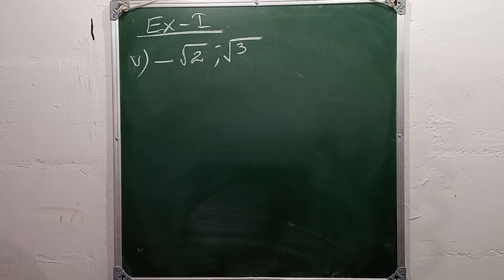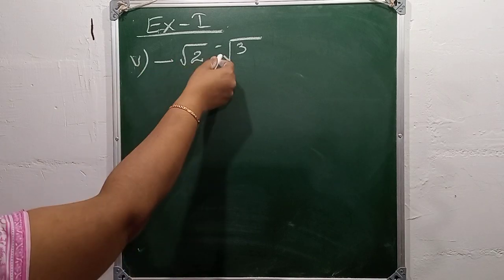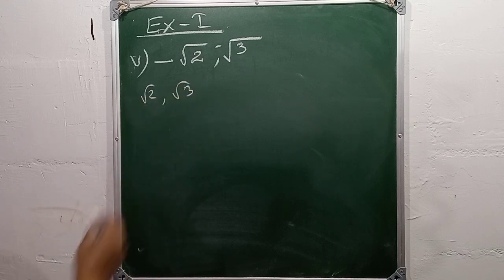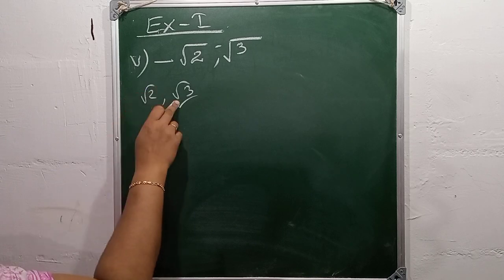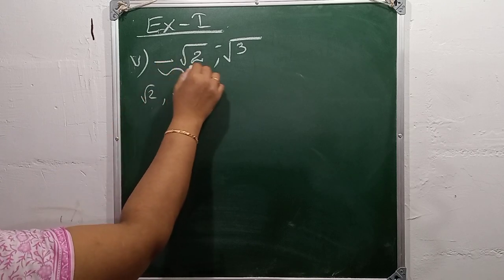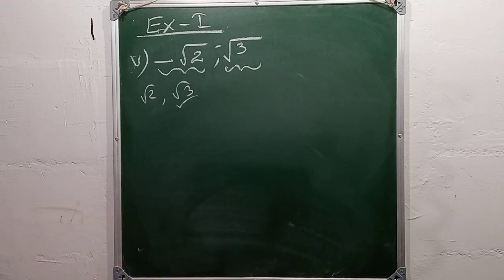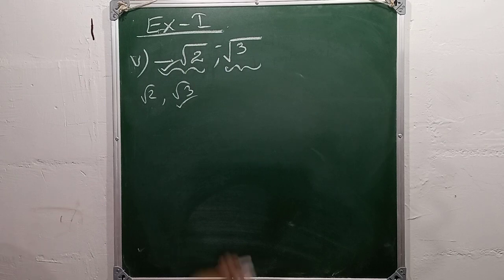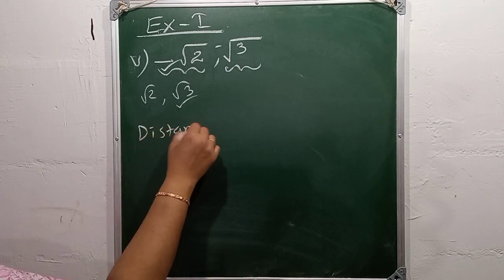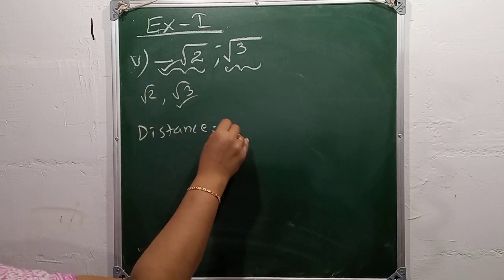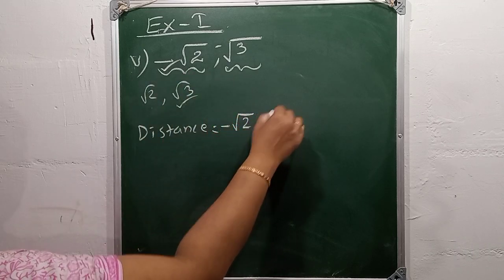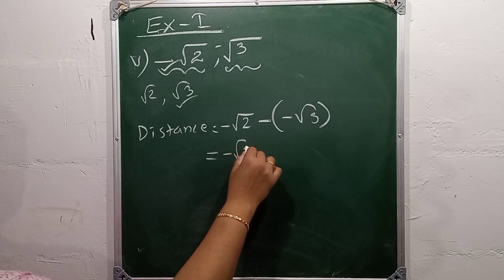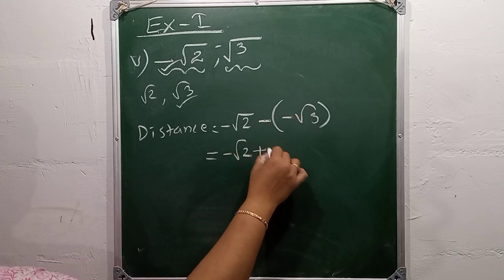Next numbers are negative root 2 and negative root 3. Among root 2 and root 3, which one is larger? We know that root 3 is larger than root 2. But if we take the negatives of root 2 and root 3, which one is larger? Negative root 2 is larger. So the distance between these two points is larger minus smaller, that is minus root 2 minus of minus root 3, which is plus root 3.